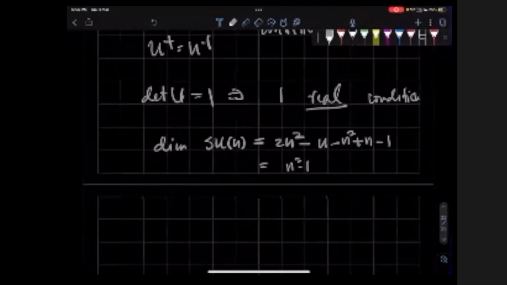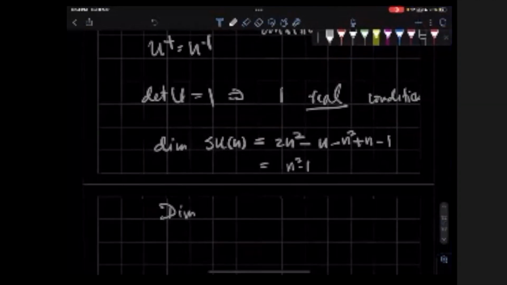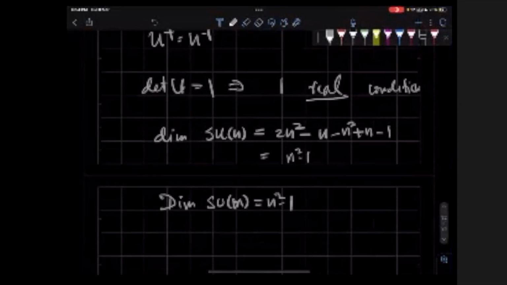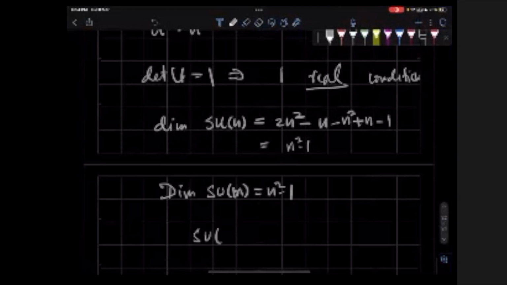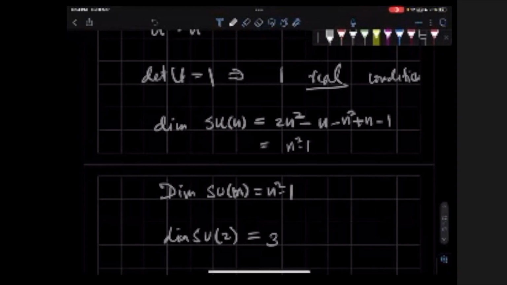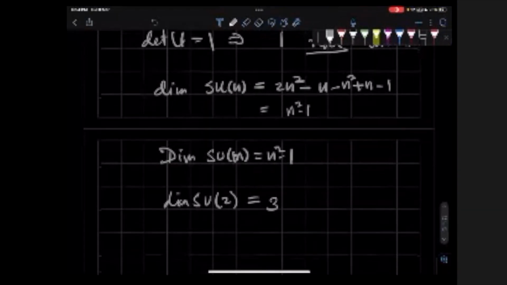Okay, so dimension of SUN is n squared minus 1. Remember that SU2 was a 3 sphere, so dimension was 3. Okay, so let me just stop here, and we'll have more to say about SUN.